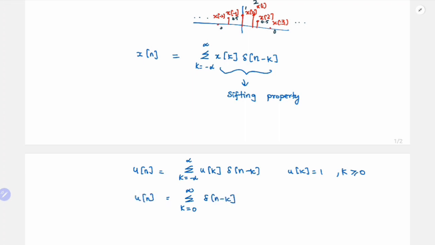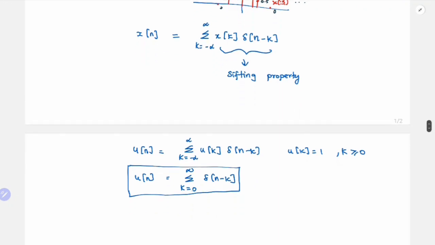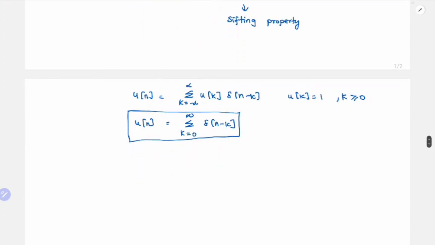So this is also your unit step function in terms of impulses. At k equal to 0, it is just delta of n, and at k equal to 1, it will be delta of n minus 1. So if you add all of them up, you will get the unit step function.